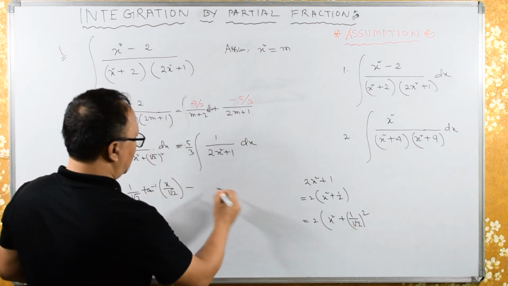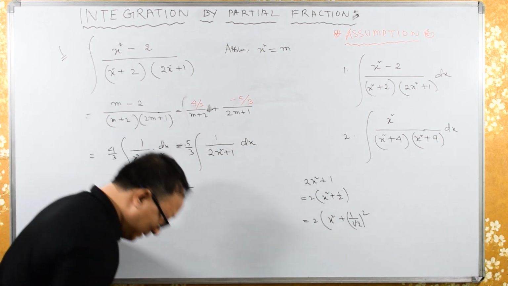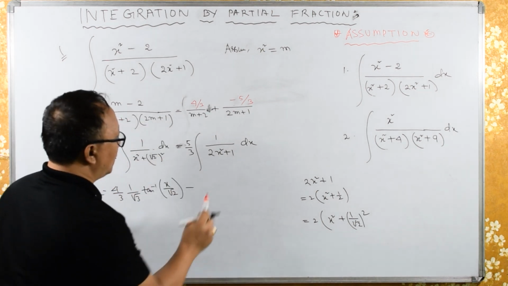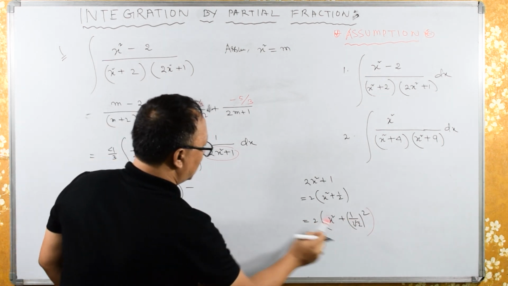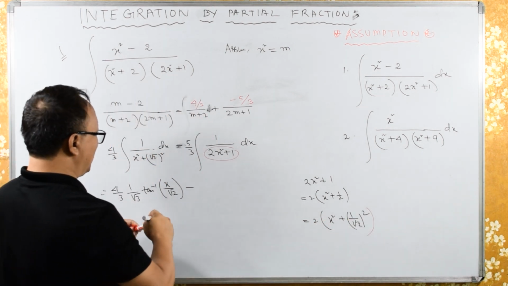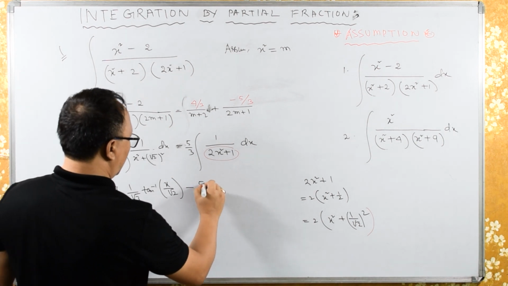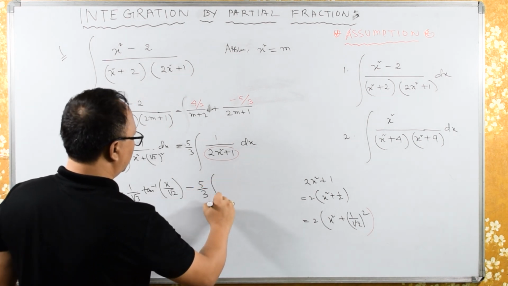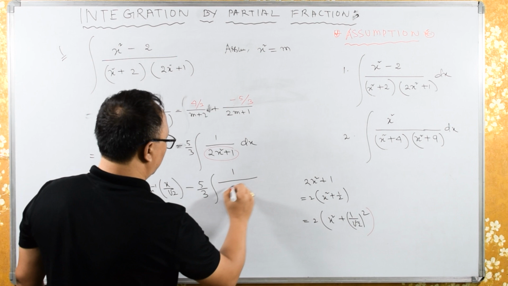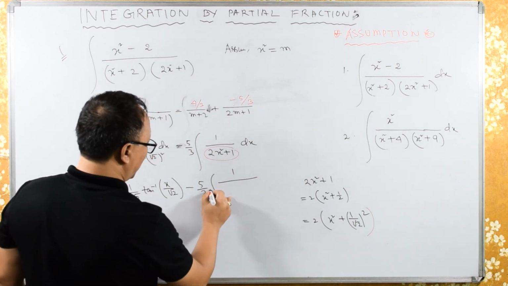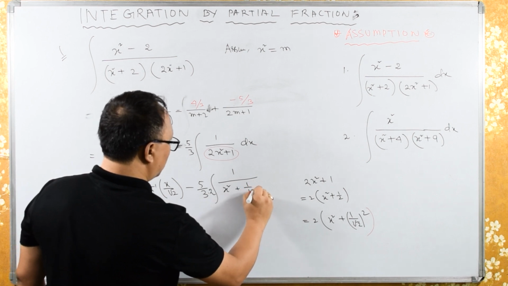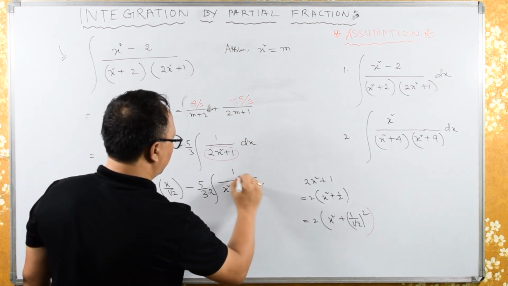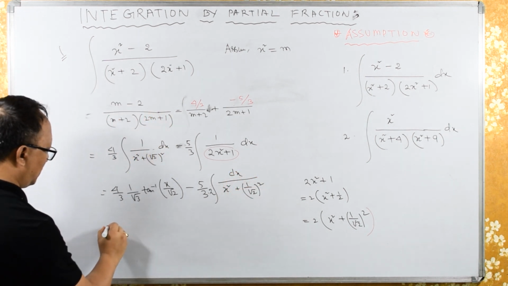So this is same as 5 by 3 integral 1 upon, I can send these 2 outside, 3 into 2, x square plus 1 by root 2 the whole square dx.